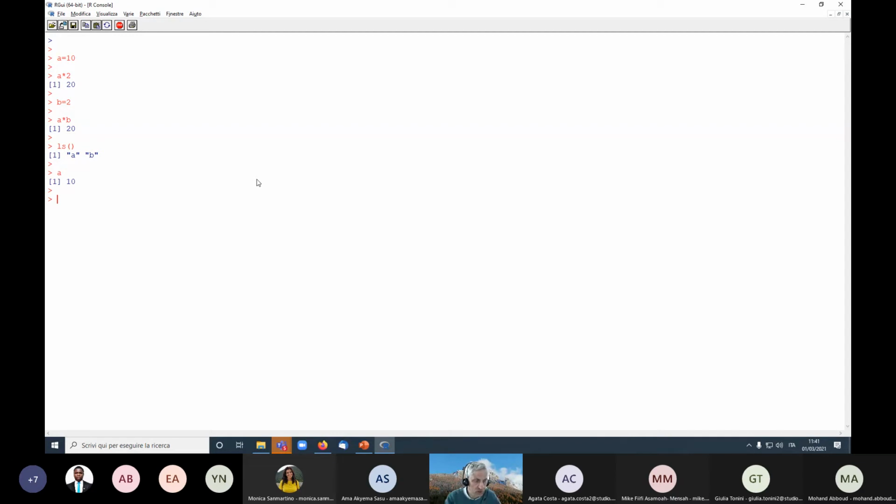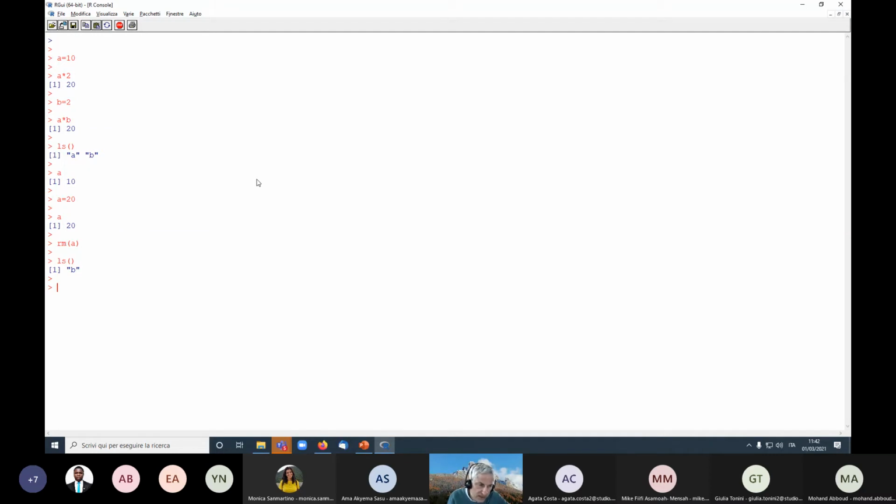Variables can be removed or you can overwrite them. So if you write A equal 20, then if you type A, you have the new value, or you can remove it: rm(A). Now, if you make ls, you now get only B.